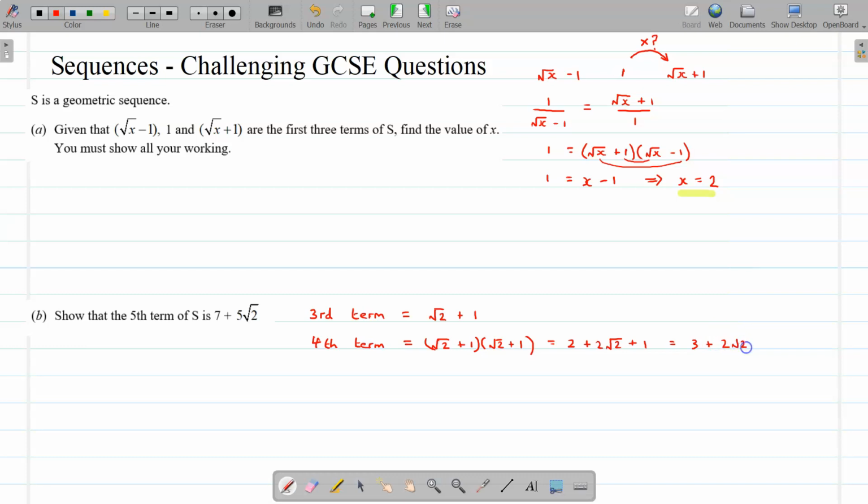That's the fourth term. Now, because this is a geometric sequence, to get the fifth term, I take the fourth term and I multiply that by root 2 plus 1. So there's the fourth term, 3 plus 2 root 2, and I multiply that by the common ratio, which is root 2 plus 1.